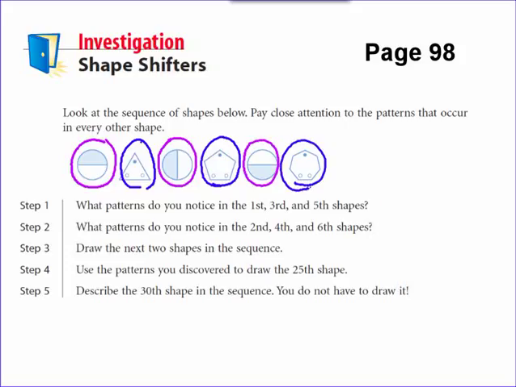So what patterns do I notice in the first, third, and fifth shapes? They're all circles. And what do we know about the circles? They're shaded halfway. So let's think about that. What would a conjecture for the next one be? We know it would be a circle. Where do you think it would be shaded?